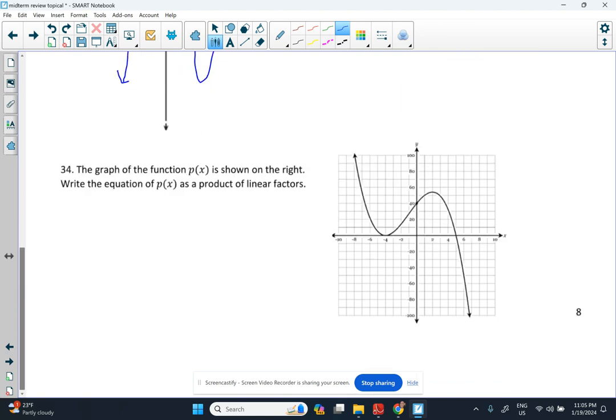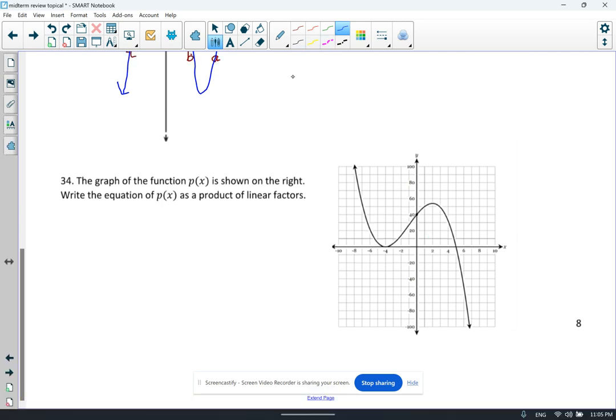And I actually want to do one more. I want to do number 34. So they ask us to create an equation based on this graph. And they want it to be represented as a product of linear factors. So what do I notice? I notice that one root is at -4 and one root is at 5.